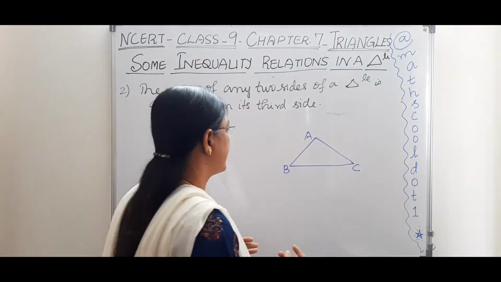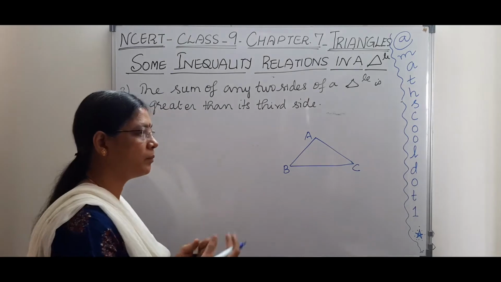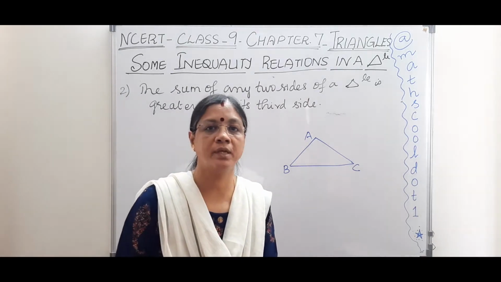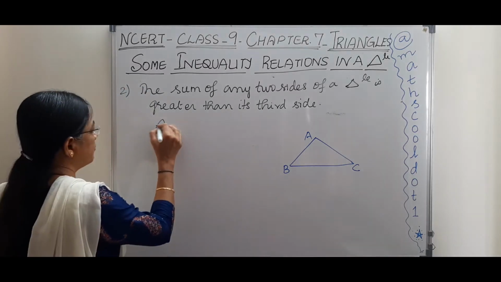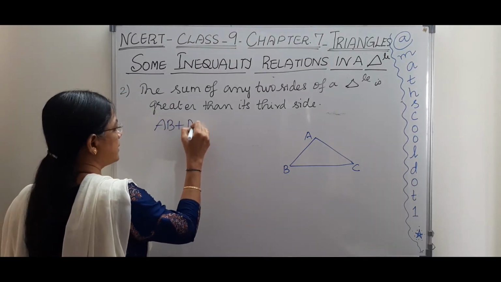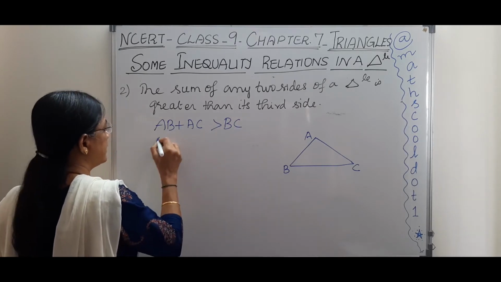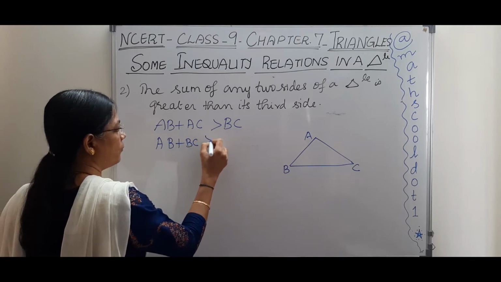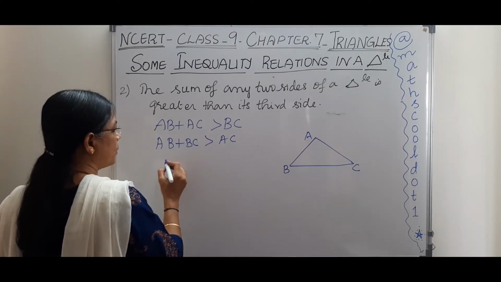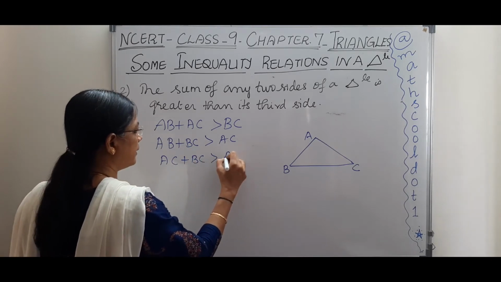So let's explain it like this. See, AB and AC. Let us take AB and AC. We can prove it for any set of two sides, like AB plus AC will be greater than BC. Likewise, AB plus BC will be greater than AC, or AC plus BC will be greater than AB.